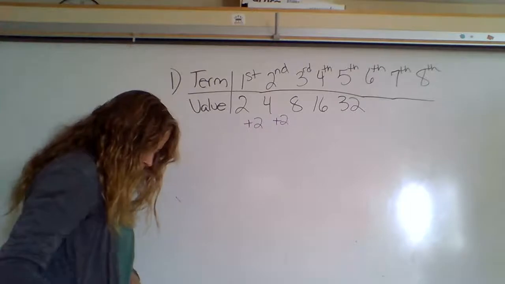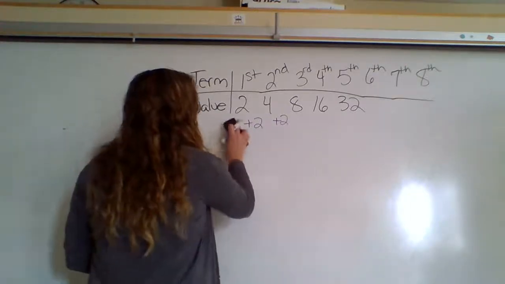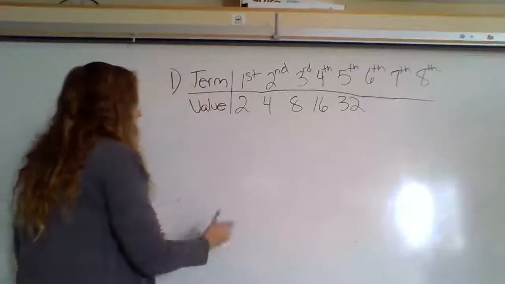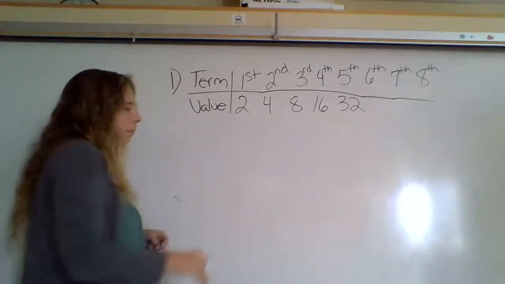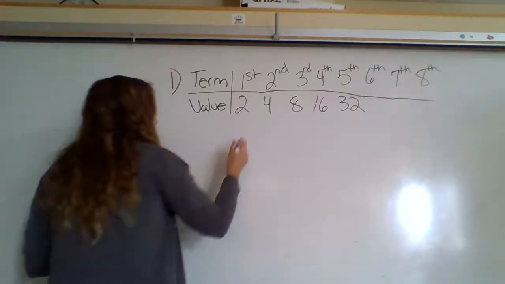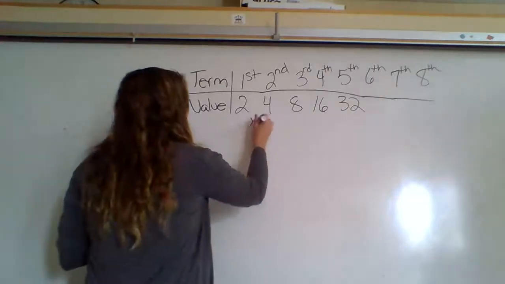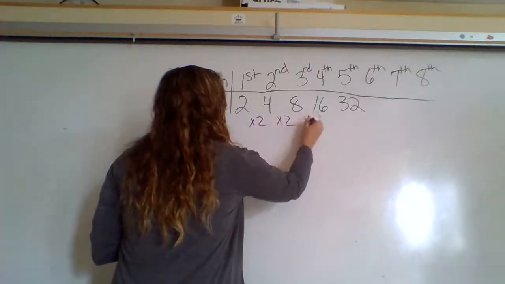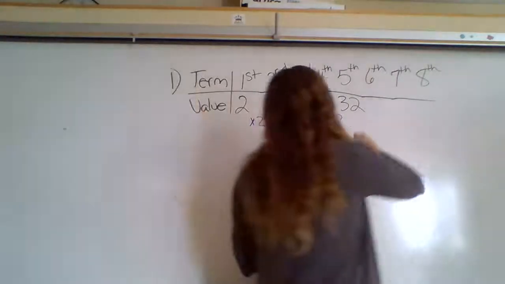So it's not that. What's another way we can get from 2 to 4? You're multiplying by 2. So you're multiplying by 2 every time, times 2, times 2, times 2, times 2.